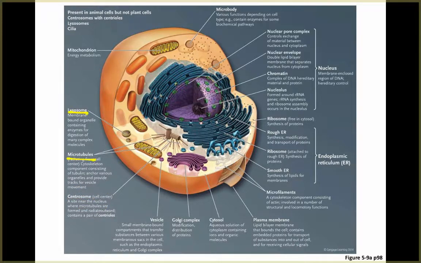The little lysosomes here contain an enzyme that helps with digestion of many of the complex molecules and things that no longer work anymore. The little bean, the mitochondria up here, or chondrion, essentially allow for ATP production.